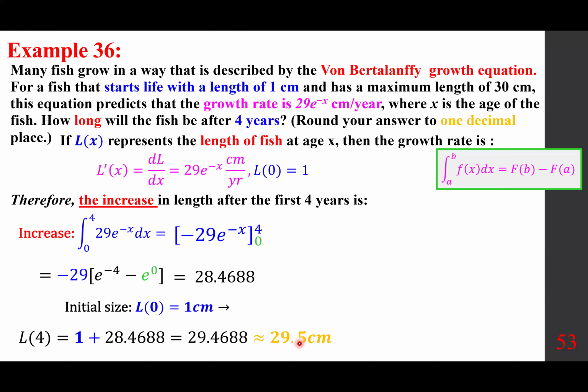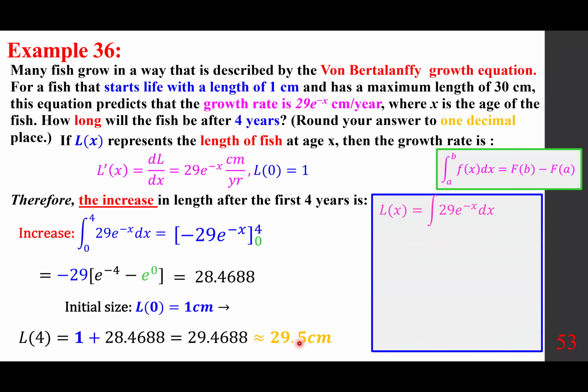So what we are going to do is find the antiderivative without paying any attention to the limits. So we get this one plus a constant. And it's an initial value problem because we know L of 0 is 1. That will help us find the constant. So L of 0 is minus 29 e to the power of minus 0, which is the same as e to the power of 0, plus C equals 1.